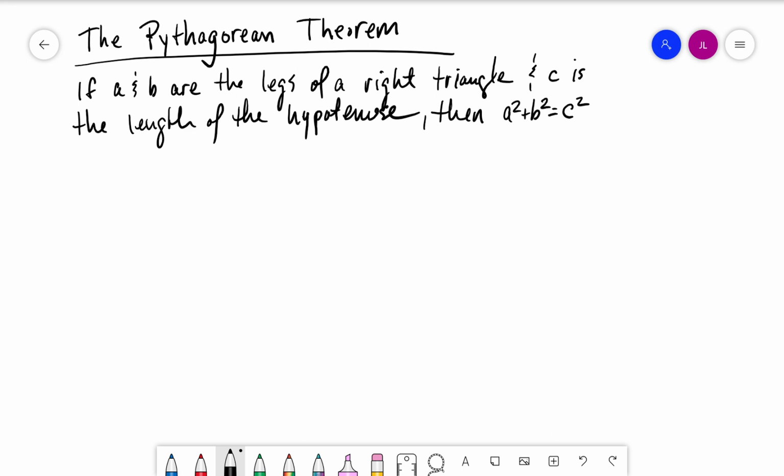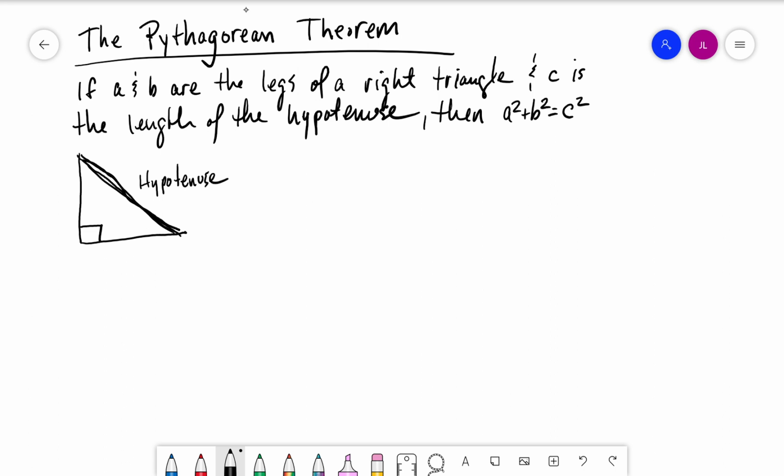Basically we're saying the square of the length of one leg plus the square of the length of the other leg is equal to the square of the hypotenuse. And just for posterity, here's our right triangle. This is the hypotenuse.